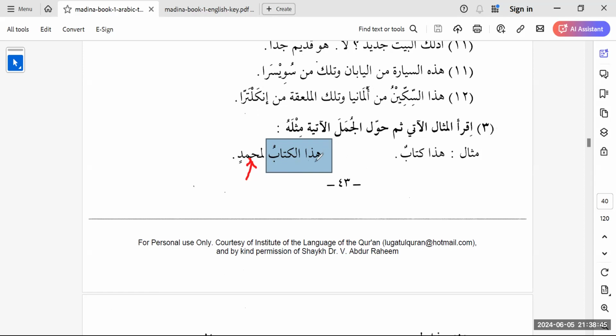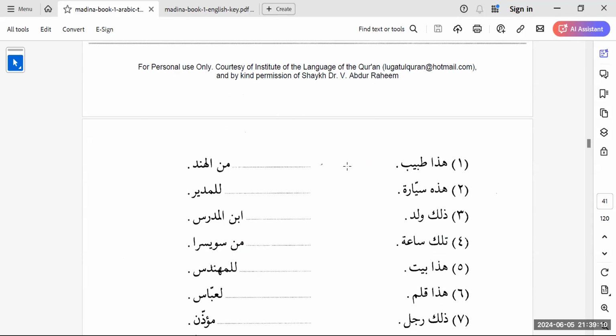This is kind of saying the same thing in a different way without mudaf mudaf ilayh. You're saying it with a harf jar, which is the lam. So this li Muhammadin means belongs to Muhammad. هذا الكتاب لمحمد. So they want you to follow this kind of format when you're answering these.